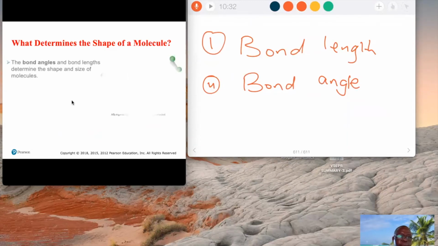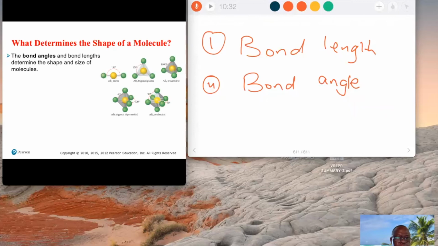Shape as in linear: for a linear molecule, the bond angle around the central atom is 180 degrees. Then trigonal planar, tetrahedral.